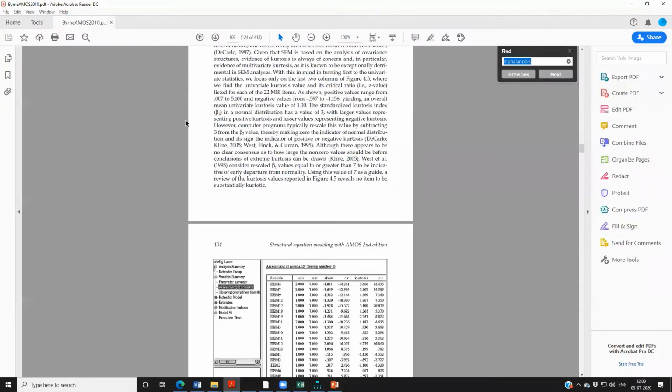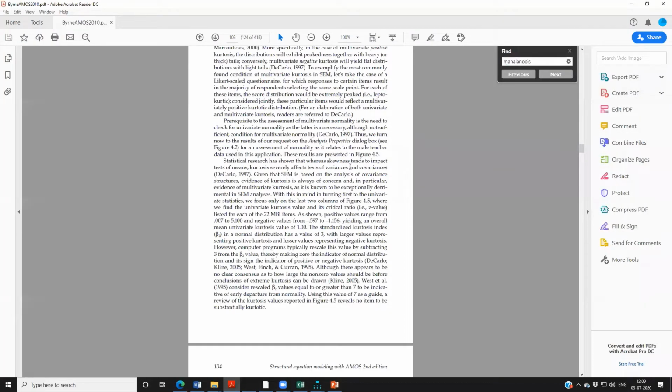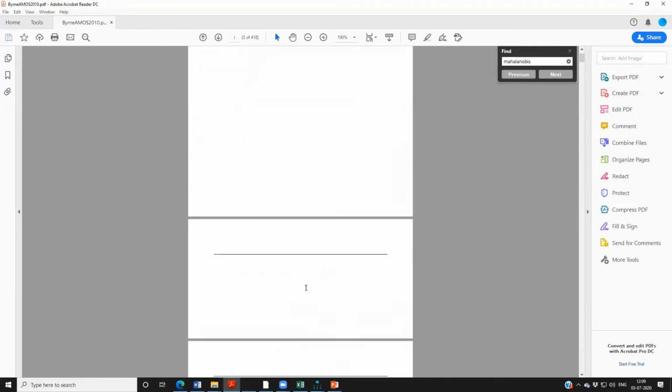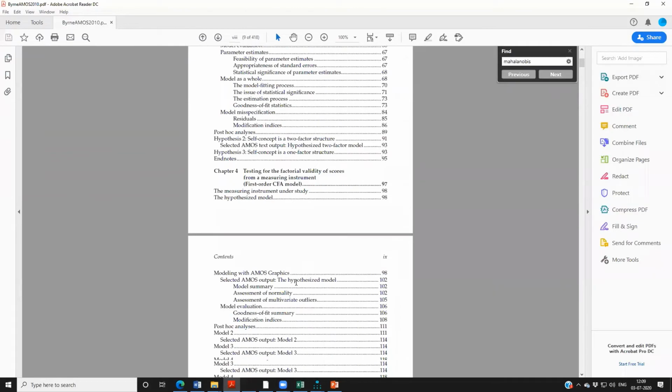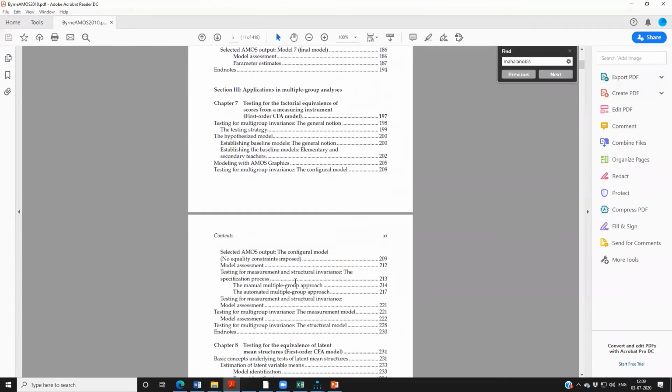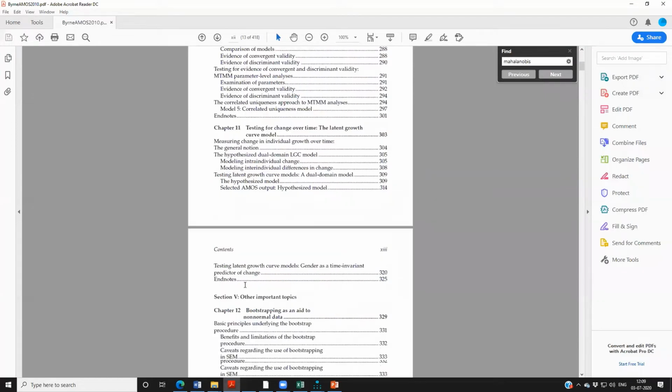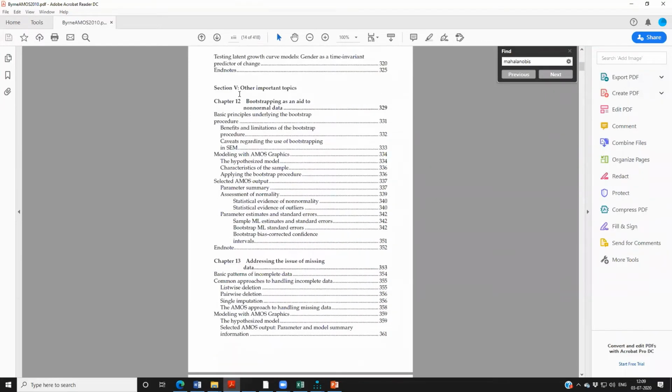If you look at this book on SEM using Amos, chapter 12 is dedicated to bootstrapping as an aid to non-normal data, page 329.